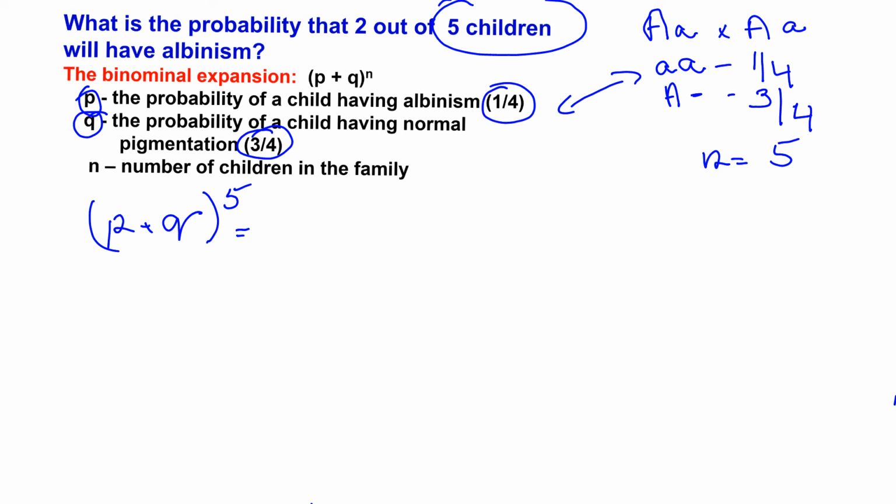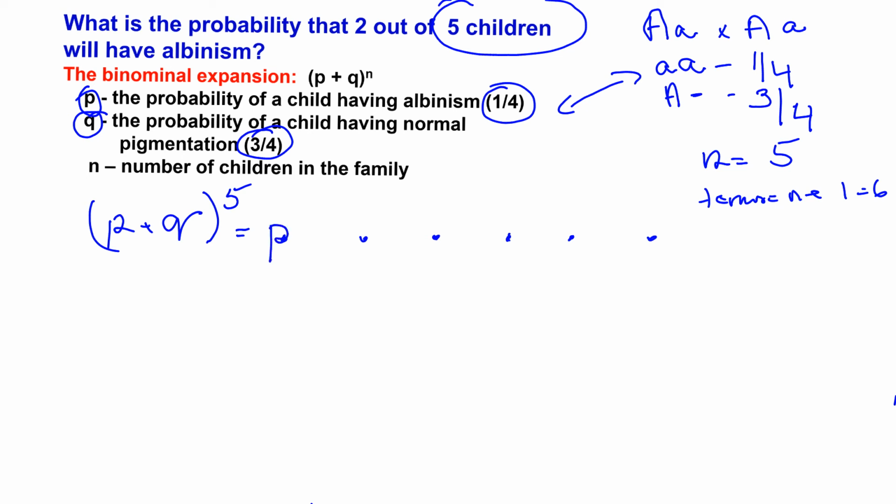Now, what you define first are the exponents. Let's start with P, the probability of a child having albinism. For P, the first term always has an exponent corresponding to the power to which the binomial is raised, so it will be 5.